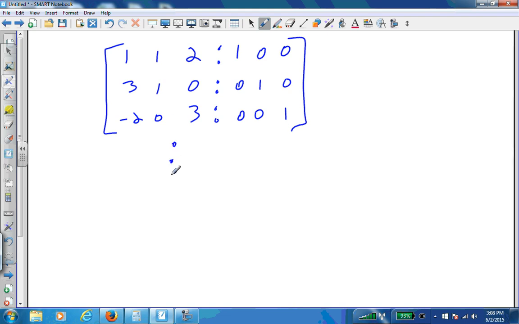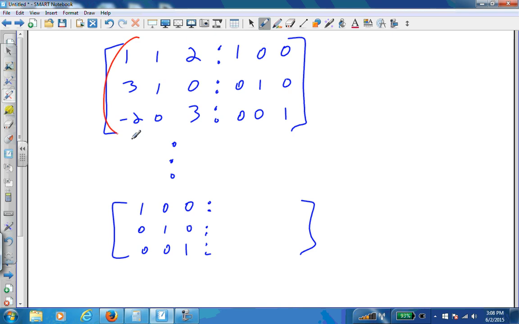Row reduce this until you have an identity on the left, which basically means you're in reduced row echelon. And then whatever you have on the right, if we called that A, then this will be A inverse.